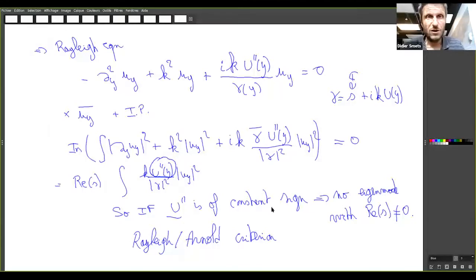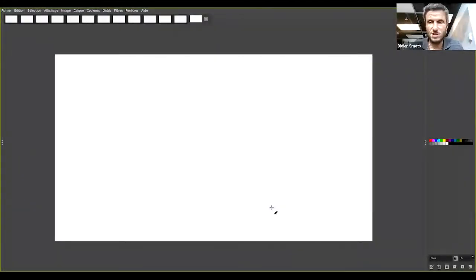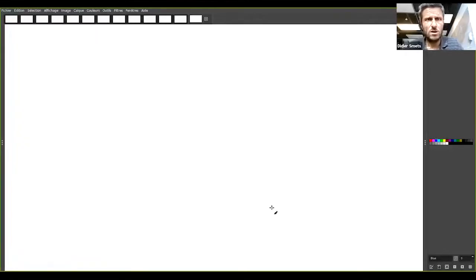So that's the idea of these classical computations. Let me do a second one of the same nature. That's for the Rayleigh-Taylor instability. Different setting that will yield a different criterion. And we will then see that our criterion is kind of a combination of both. Rayleigh-Taylor instability.